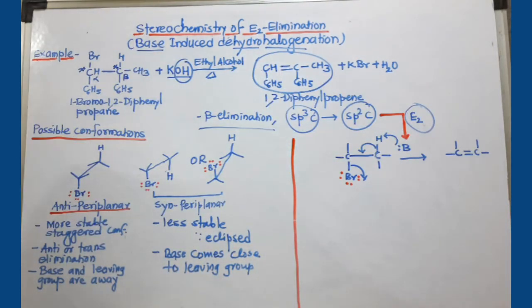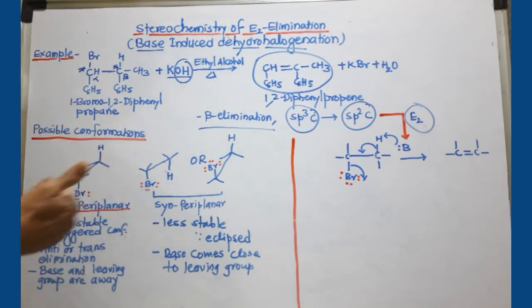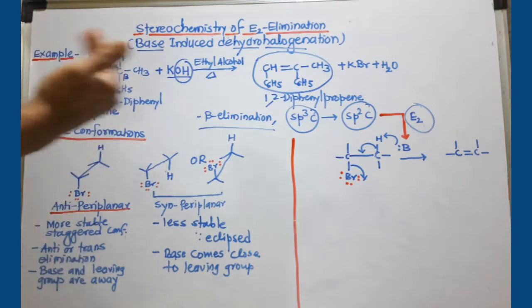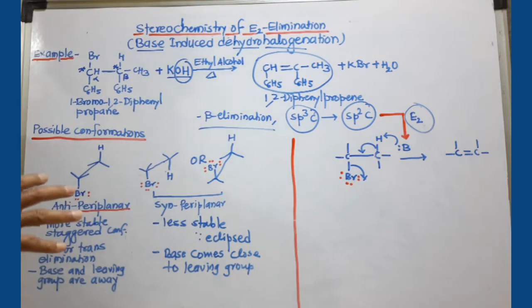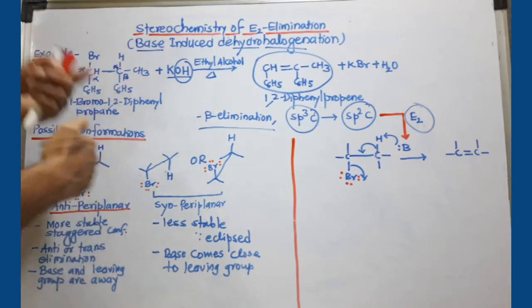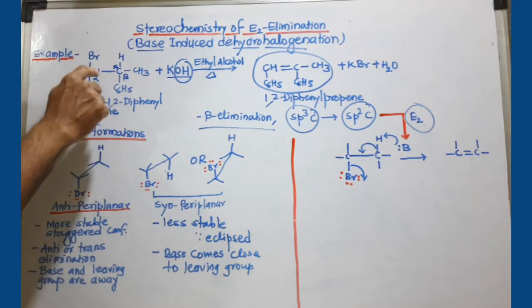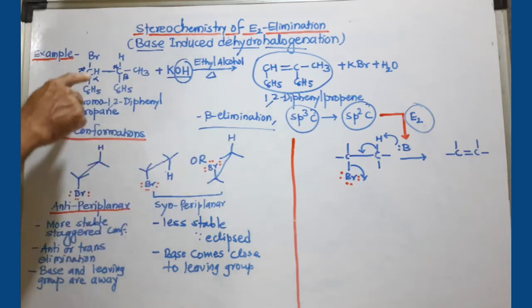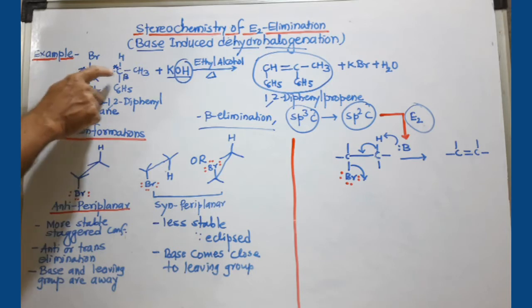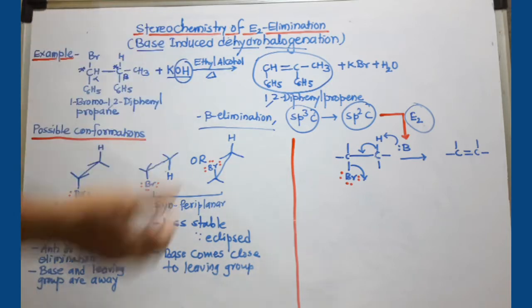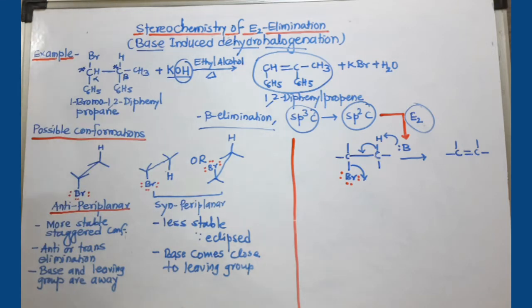To understand the stereochemistry of this reaction, we must know something about conformation. Conformations are different three-dimensional arrangements in space produced because of rotation around the carbon-carbon bond. There is continuous rotation through 360 degrees between these two carbons, and because of that, this molecule can take different orientations in space.